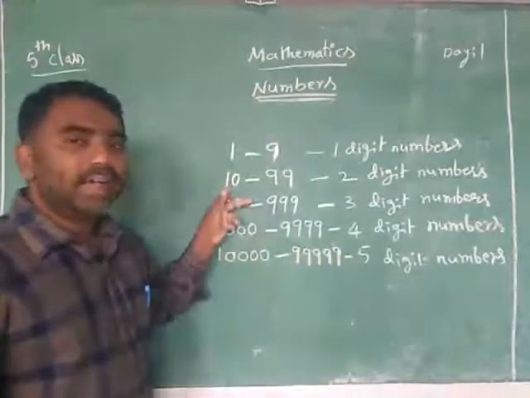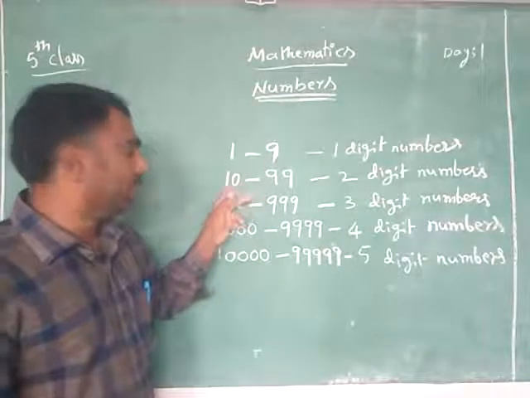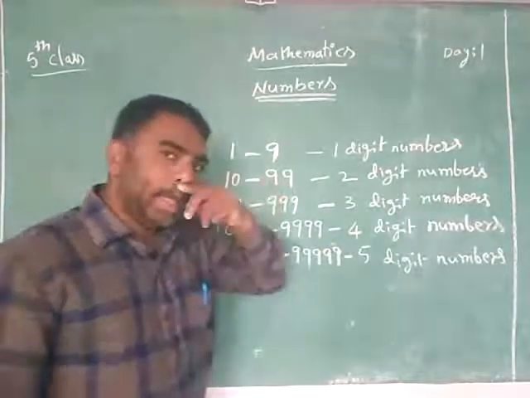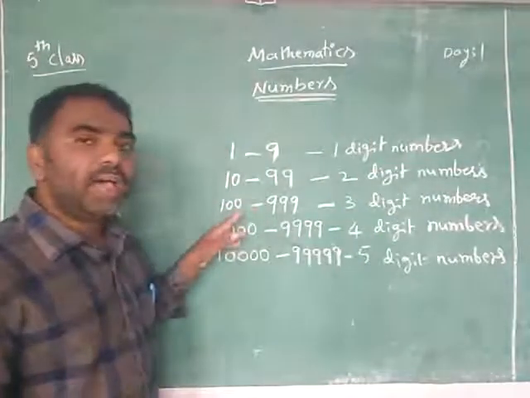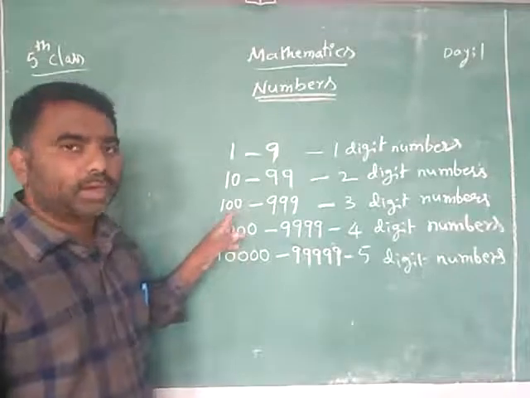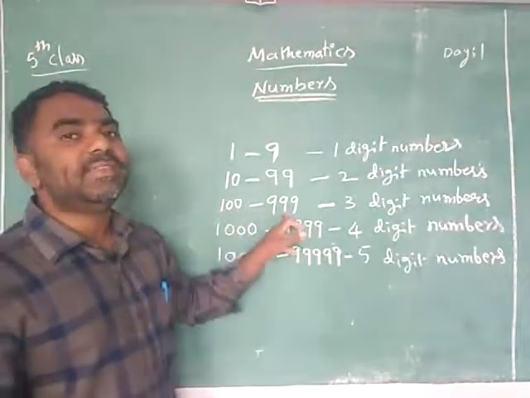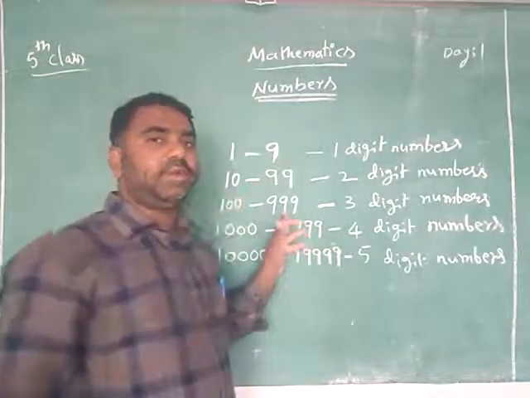And 10 is the smallest 2 digit number. And 99 is the biggest 2 digit number. And 100 is the smallest 3 digit number. And 999 is the biggest 3 digit number.